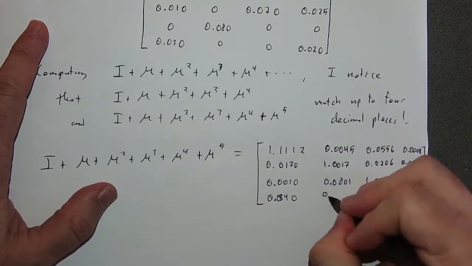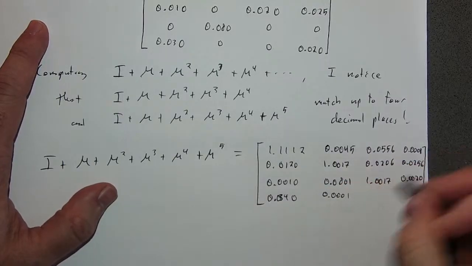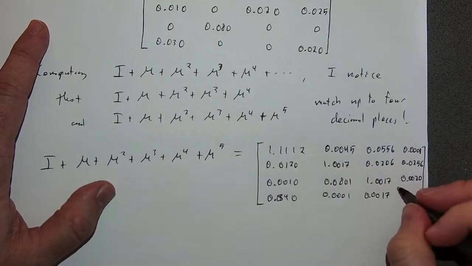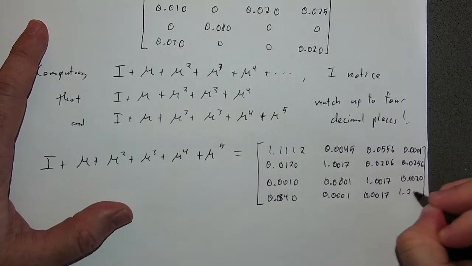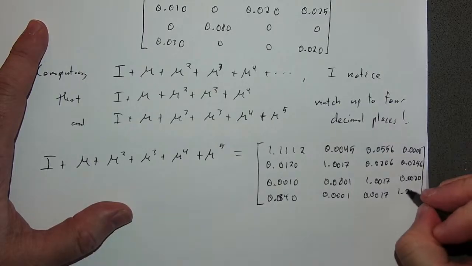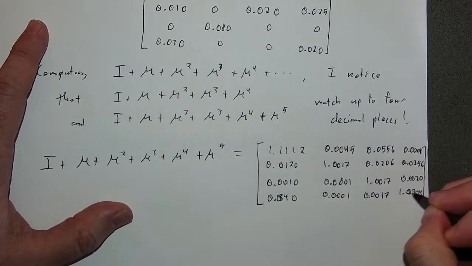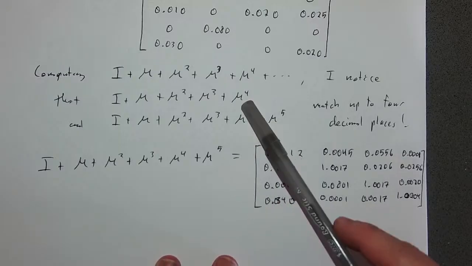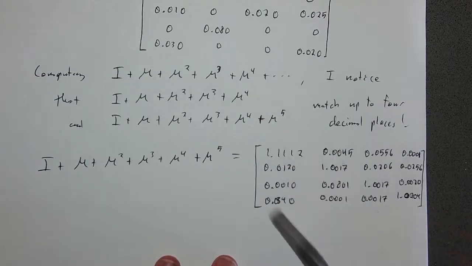Here, this is 0.0001, 0.0017, and lastly 0.204. All right, so now this matrix looks like this. You will notice that even if you'd stopped at M to the fourth, it would have looked this same way. So it seems to have settled in on pretty much what it is.